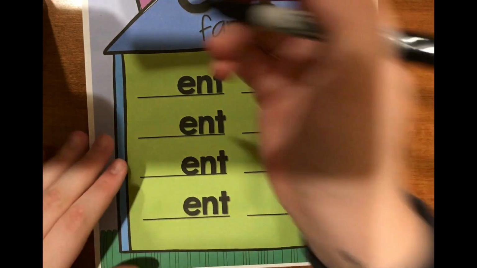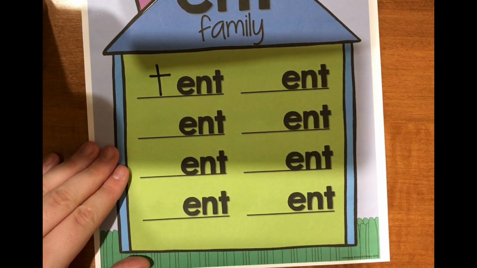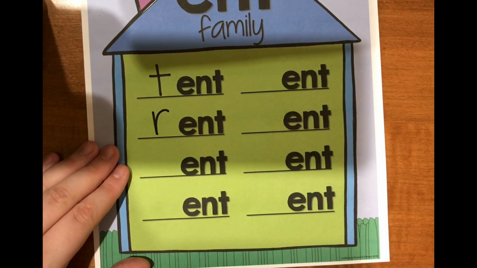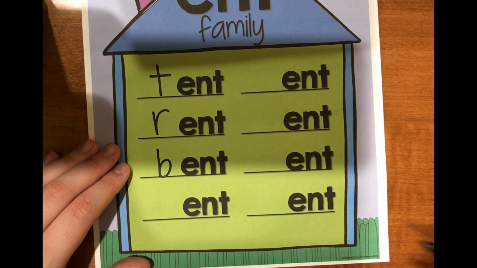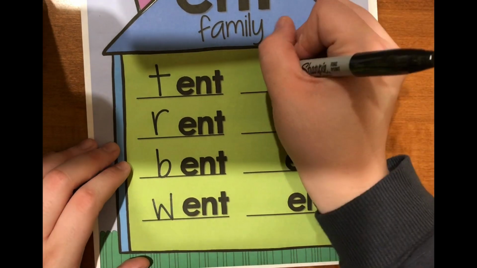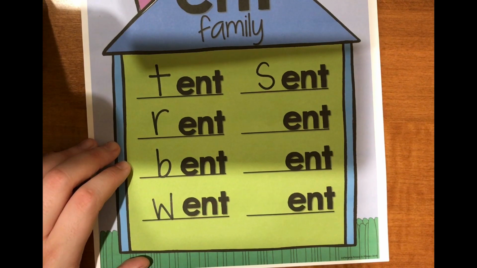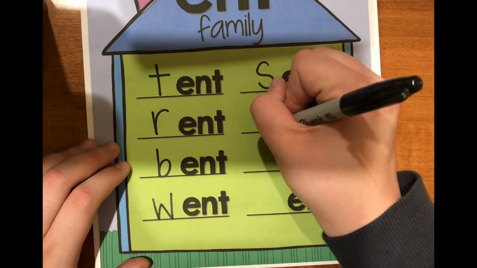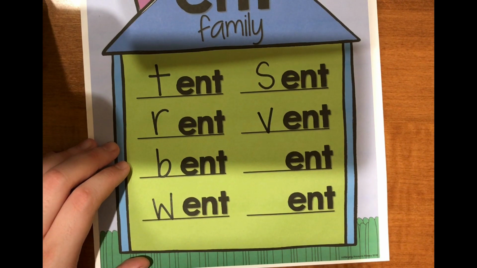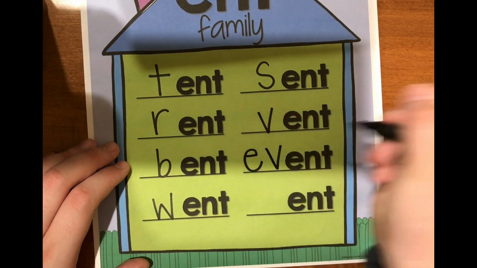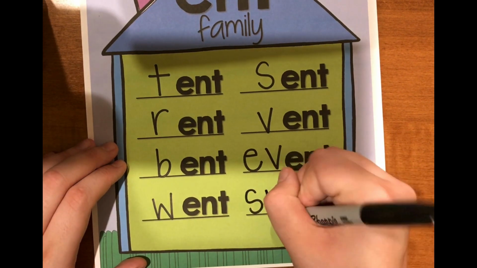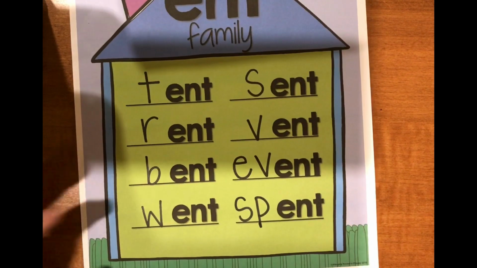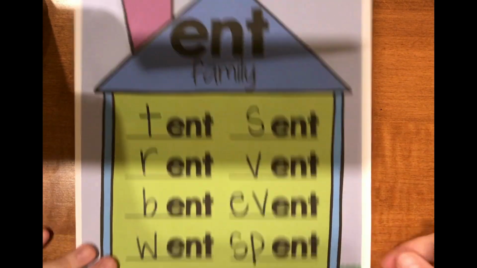And I made the word tent, rent, bent, went, sent, vent, event, and spent. There we go. That's how we make our word families.